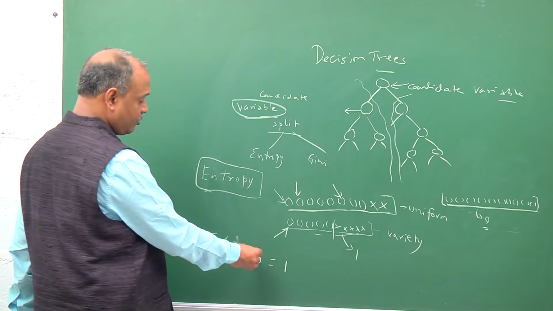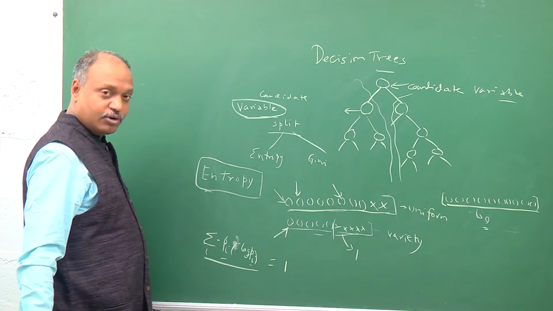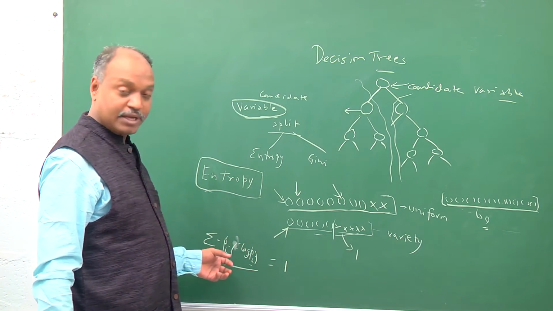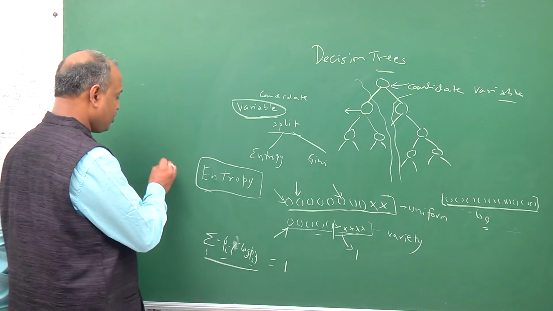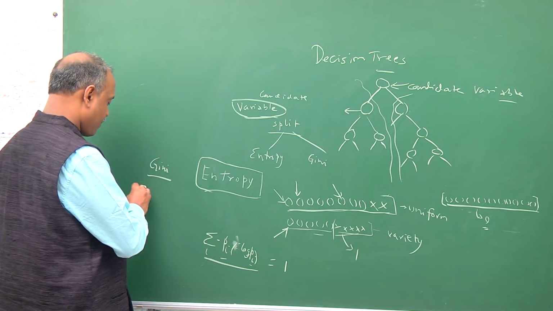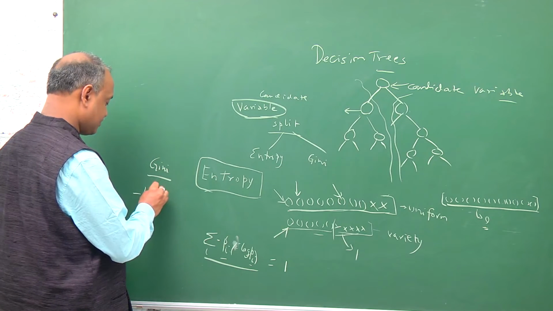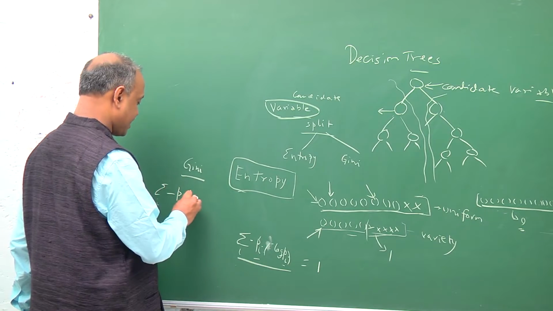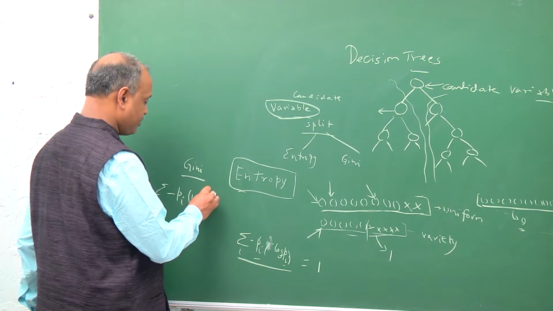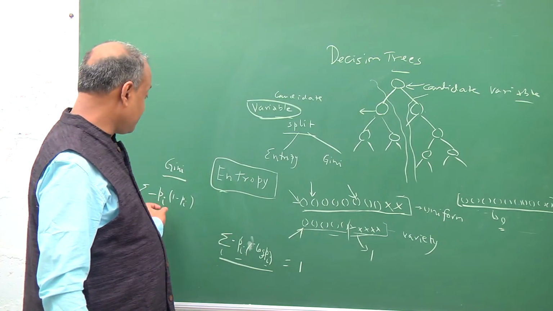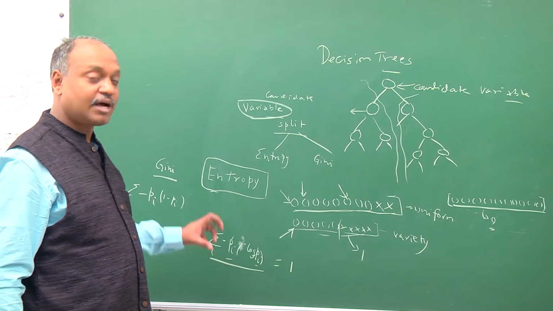Just like entropy, where we looked at the basic probability of each individual category and the sum of minus p_i log p_i, there is an alternative coefficient very similar to entropy. Summing over all categories, it tries to measure the joint probability of something being present or being misclassified by being present in the other sample.